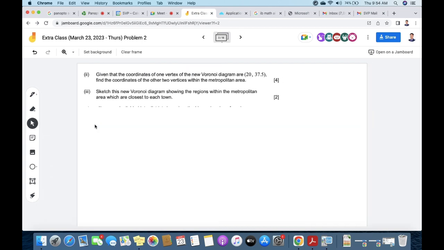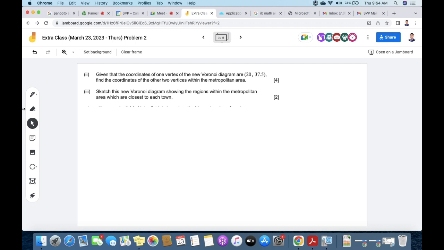So according to part number 2, given that one of the vertex of the Voronoi diagram is this, find the coordinates of the other two vertices in the metropolitan area. In number 3, you are asked to sketch the Voronoi diagram. If you try to look at it, it's difficult to visualize the other two vertices unless you see the Voronoi diagram.